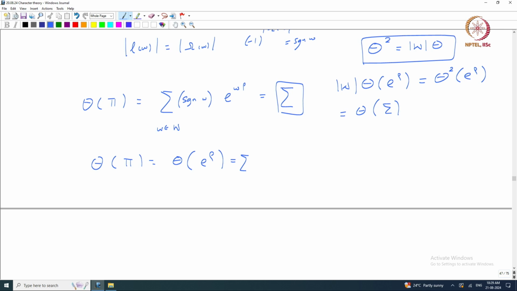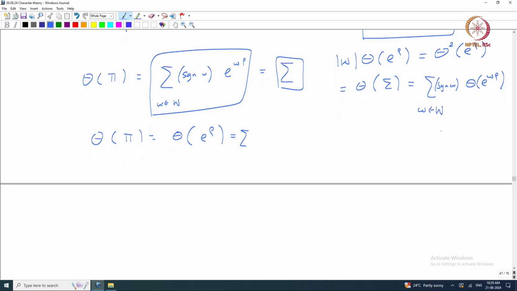Okay. So, now if you write this sigma in terms of this alternating sum, then you can see that this is exactly equal to the summation of sine of w, theta applied on e power w rho, where w comes from W. Okay.